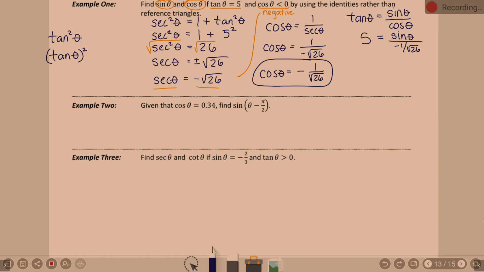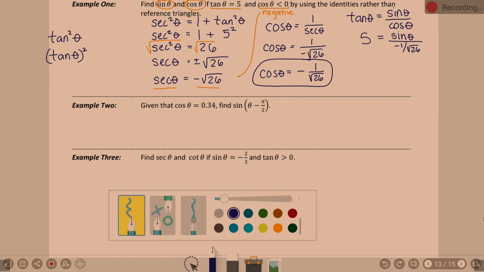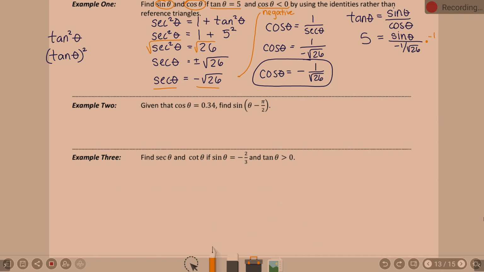Okay. Think algebra. How do we solve that equation? We're trying to find sine of theta. If it's sine of theta divided by something, we're going to multiply by something. So we're going to multiply by -1 over square root of 26.